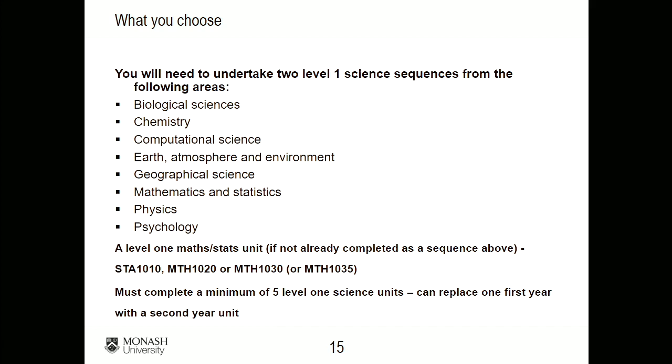MTH 1020 requires students to have studied maths methods at VCE level, and 1030 requires students to have studied VCE specialist maths with a score of 30 or higher or equivalent, or you can enrol in 1030 after you've completed 1020. So just have a look at the prerequisites for some of the maths units as well.